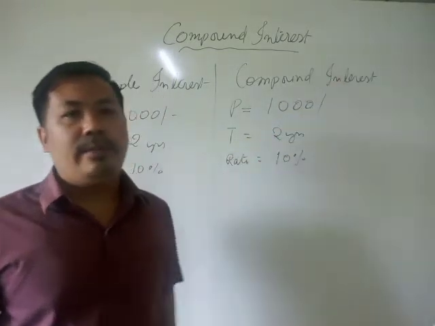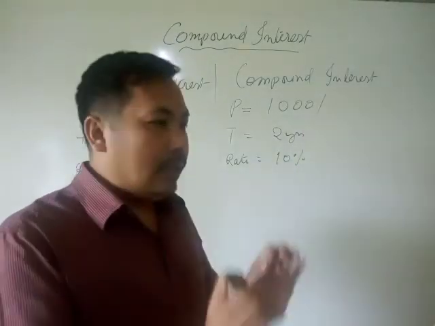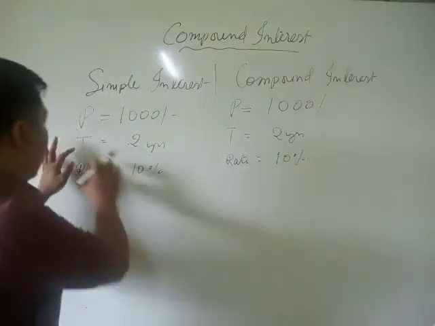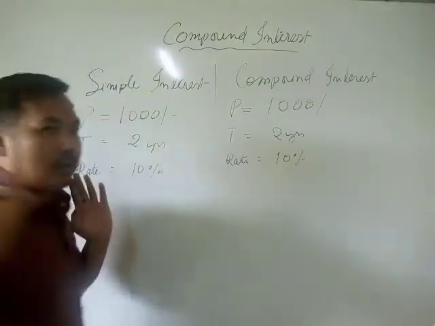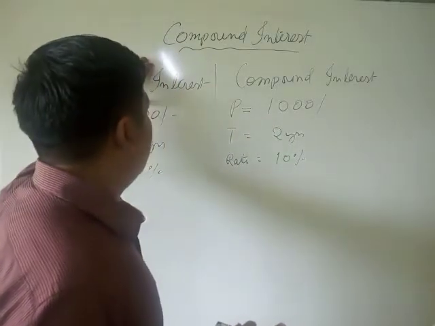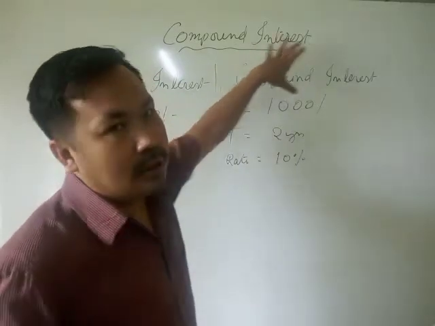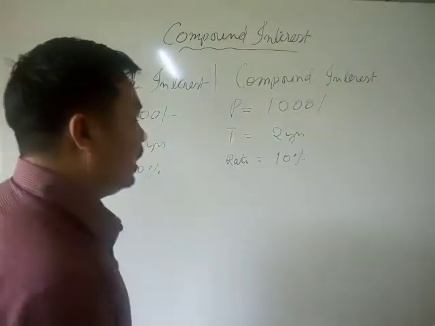So let us see who is giving more, or what both of you will give after 2 years. Time is given for 2 years. Okay, clear? You are taking on simple interest, and your friend is taking on compound interest with the same amount. So let us see that.